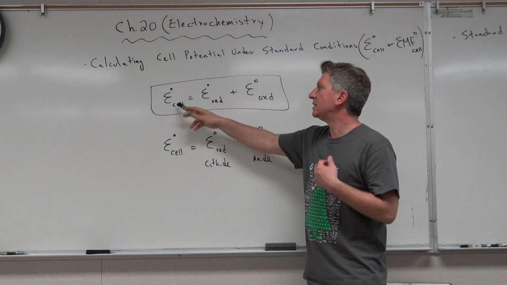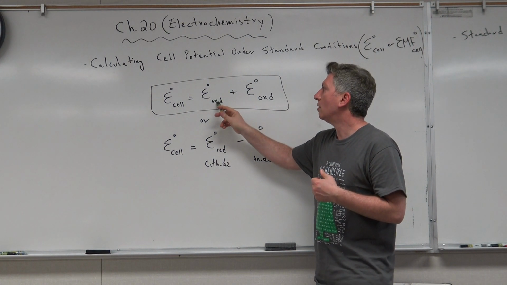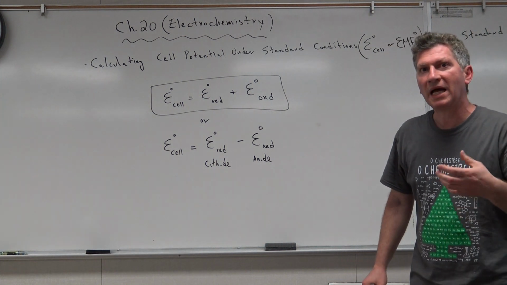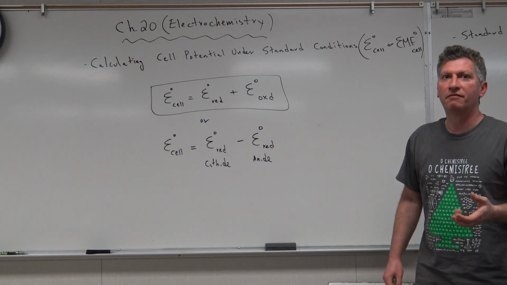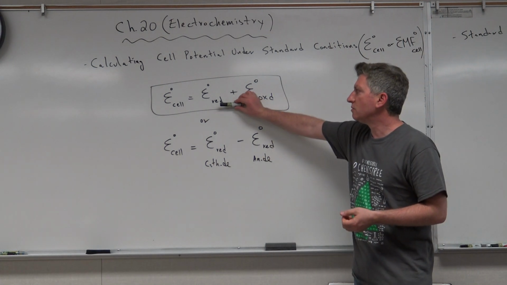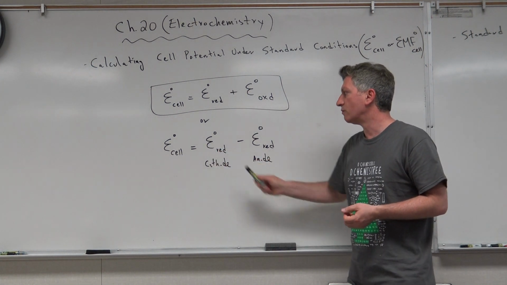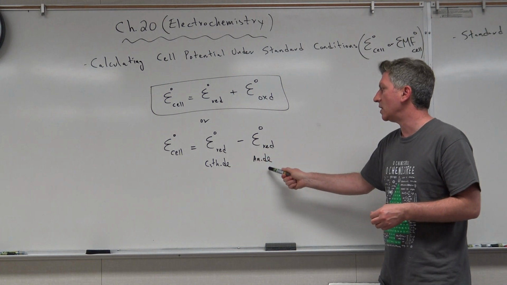So to calculate E cell under standard states, we take the potential for the reduction half reaction, which is what happens at the cathode, plus the potential for the oxidation half reaction, which is what happens at the anode. I like this formula better, but some books, I think including your book, use this formula, which says E reduction cathode minus E reduction anode.